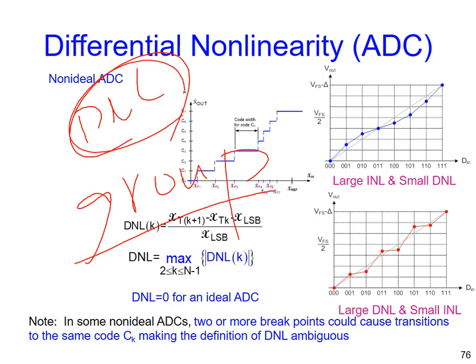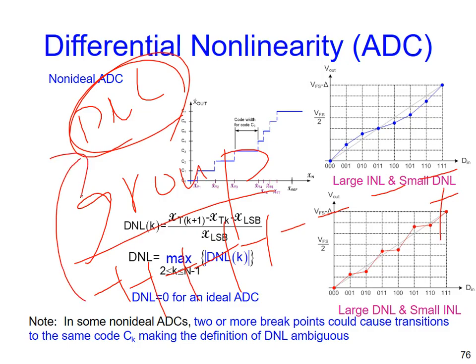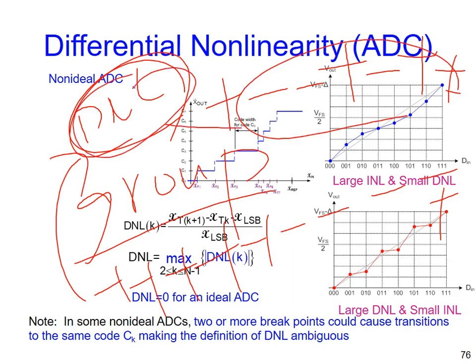So we hate positive, positive, positive. We hope we can get, for DNL, positive, negative, positive, negative. Oh, that is really good. To randomize your DNL will become a key to enhance your INL.